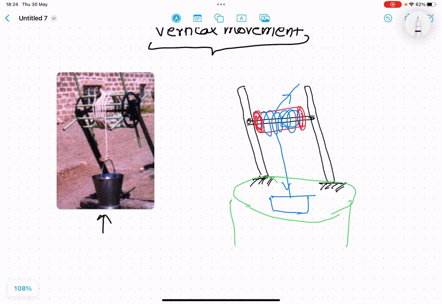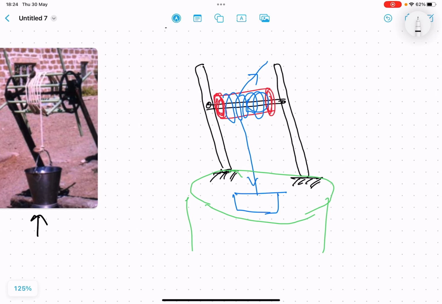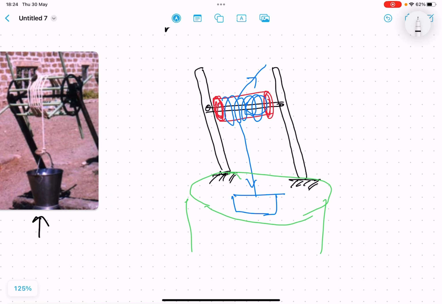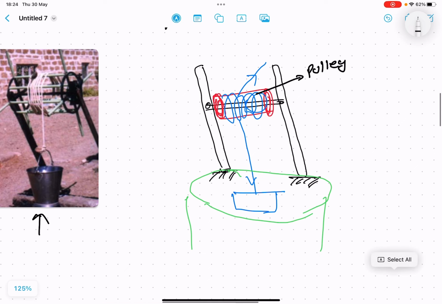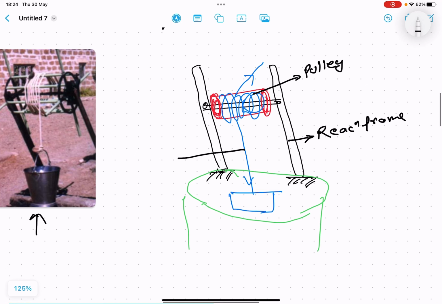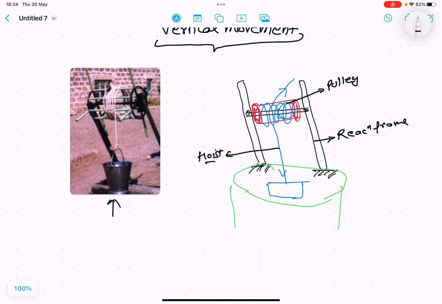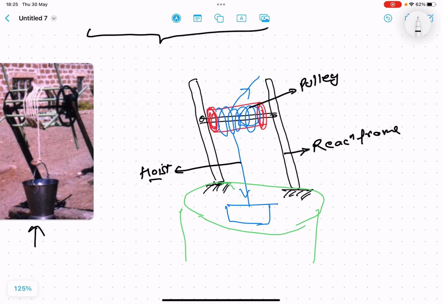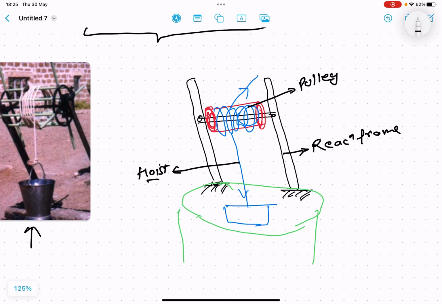If we carefully observe and draw the FBD of this system, it basically consists of a pulley arrangement, a reaction frame, and a hoisting system.